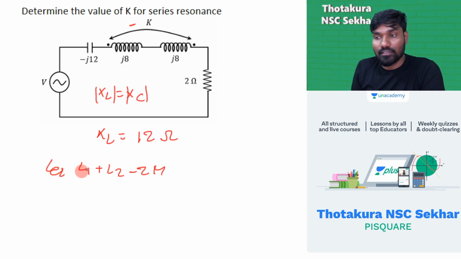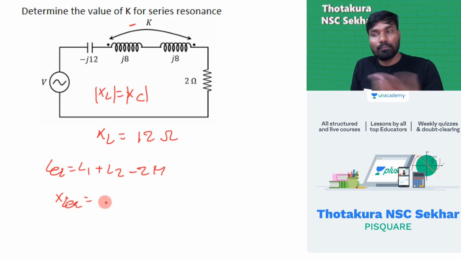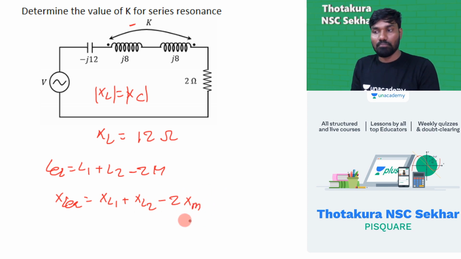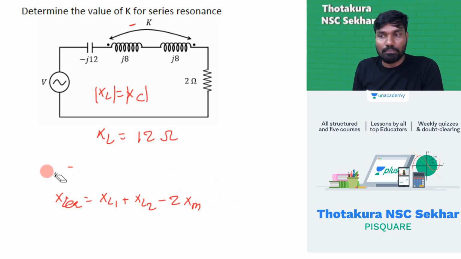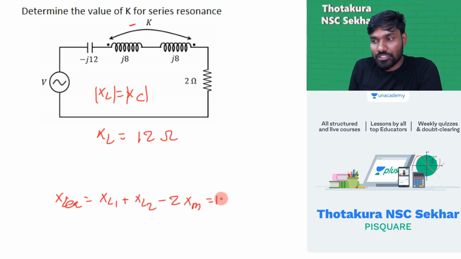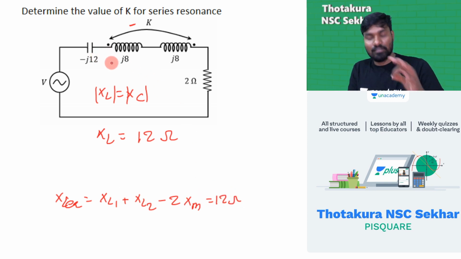Here all are given in terms of reactances, so multiplying by omega on all sides, XL equivalent for the coupled circuit is XL1 plus XL2 minus 2XM, the mutual reactance. Simply replace L with XL. Now this value must be 12 ohm. Then only it will be under resonance.